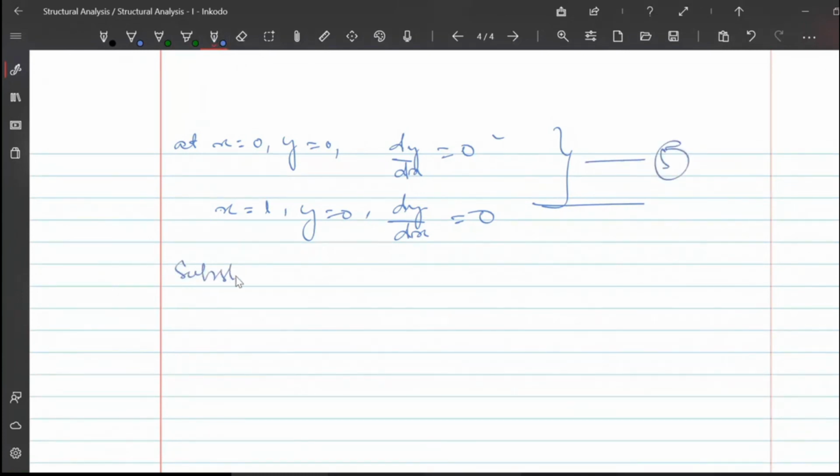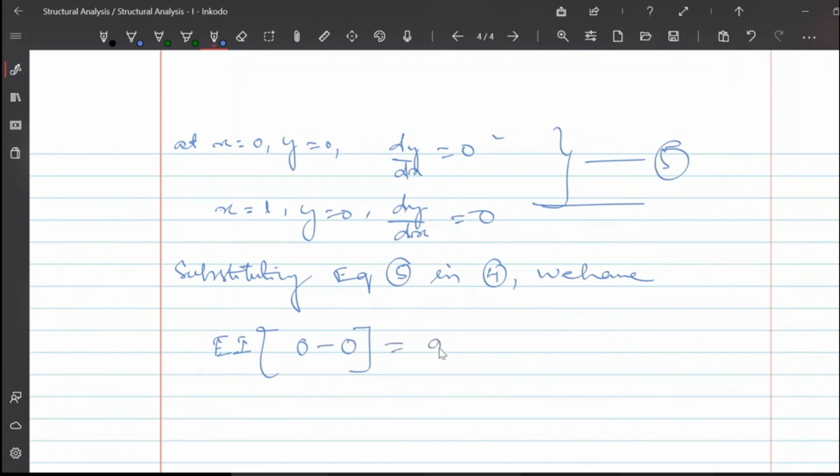So substituting equation 5 in 4, we have EI into 0 minus y is also 0, equals to Ax bar minus A bar x bar dash.